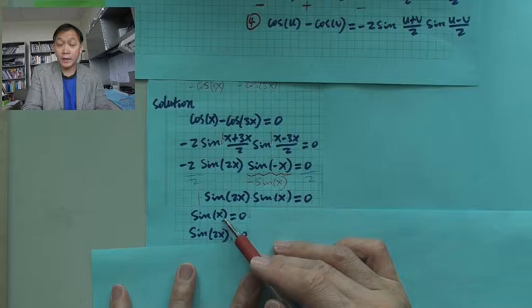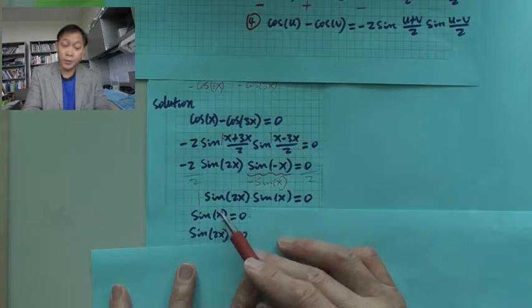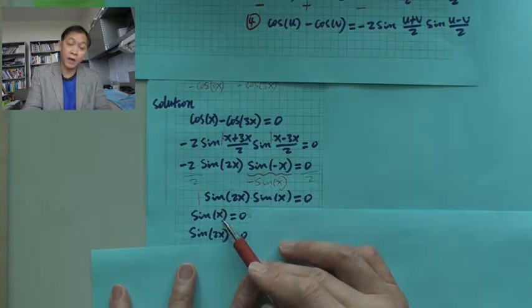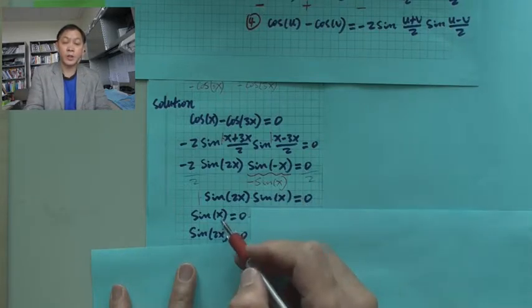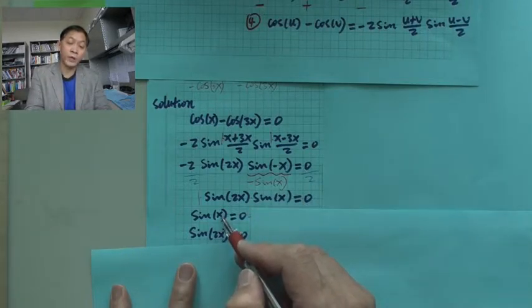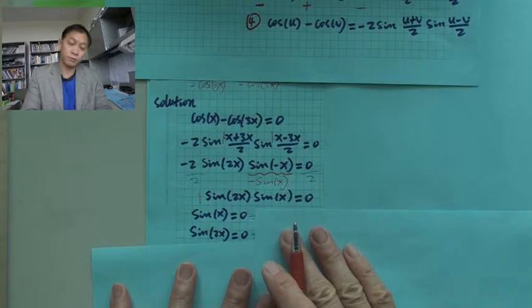Now remember, sine x is 0 tells us x is 0, or pi, or 2 pi, or 3 pi, or 4 pi, 5 pi. In degrees, sine of 0 degrees or sine of 180 degrees, times n.